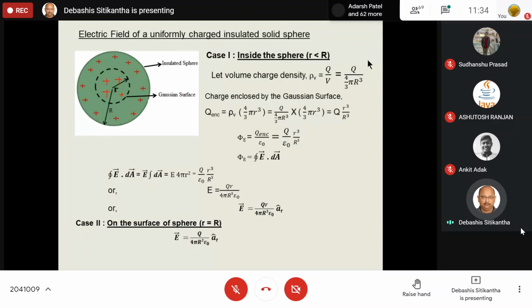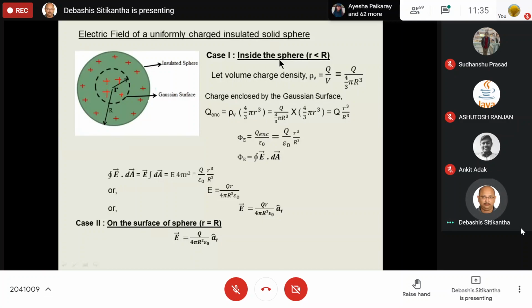Now you tell me, what will be the electric field outside the sphere? Do your own calculation and tell me the expression. Can you do the calculation for the electric field at a point P which is located outside the sphere?